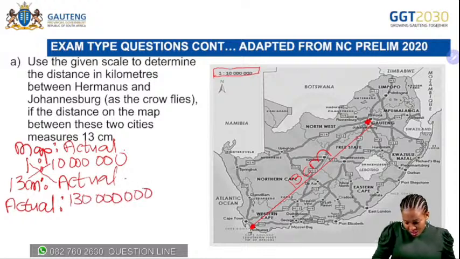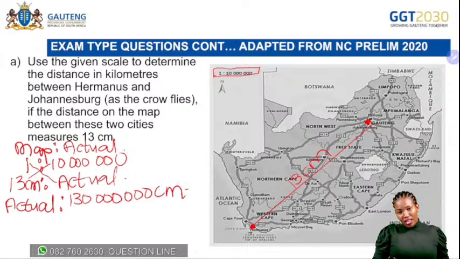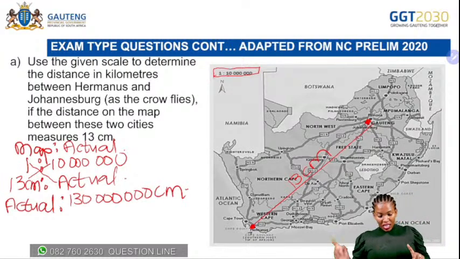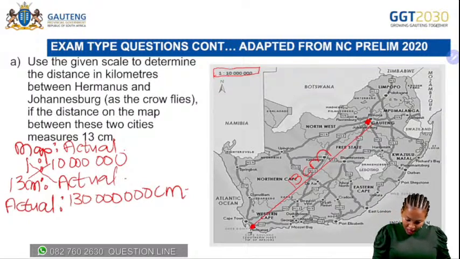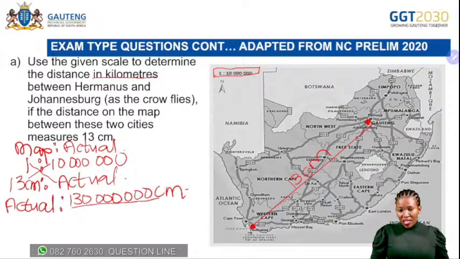But remember, this is centimeters. And we are talking here about the distance from one city to the other. And then they wanted it in kilometers. So from centimeters to kilometers, the conversion factor, we are going to divide by 100,000.